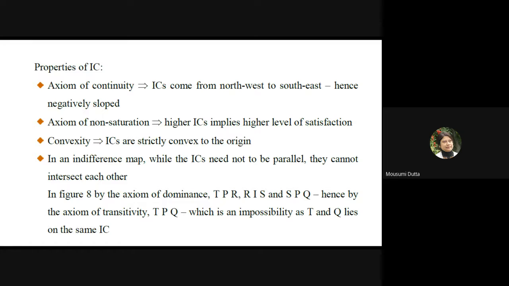Indifference curve sometimes may be concave to the origin as well. Here, since you have an idea about the substitutes and the complementary goods in this context, I just introduced the idea of the indifference curve if the two commodities are perfectly substitutes to each other, and the idea of the indifference curve when the two commodities are complementary to each other.